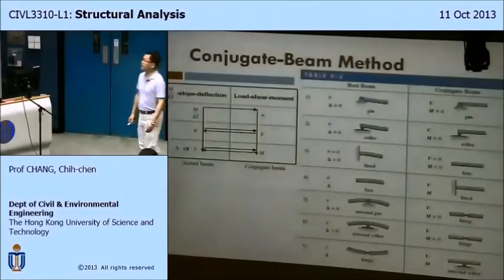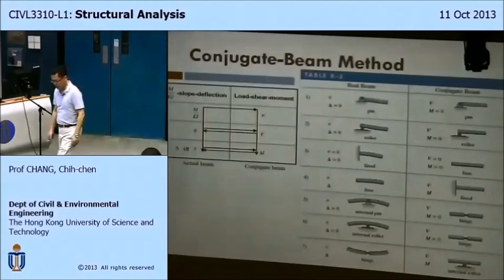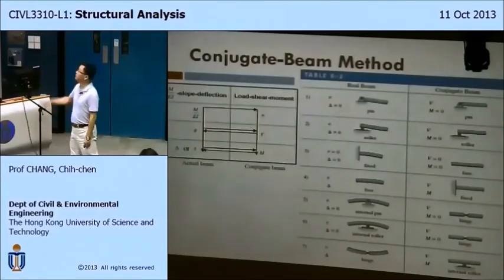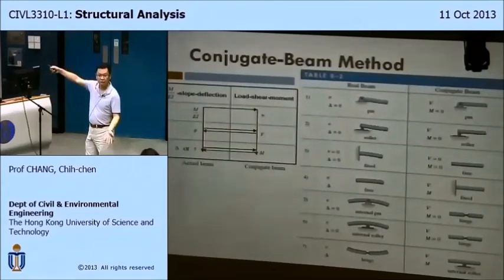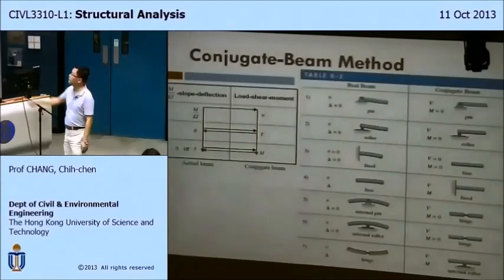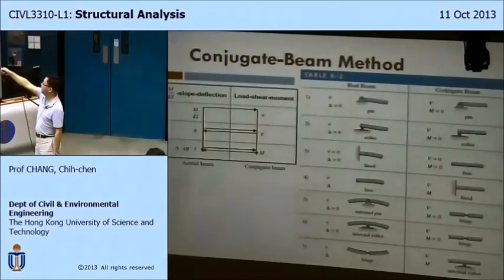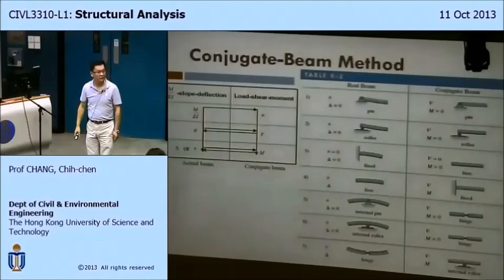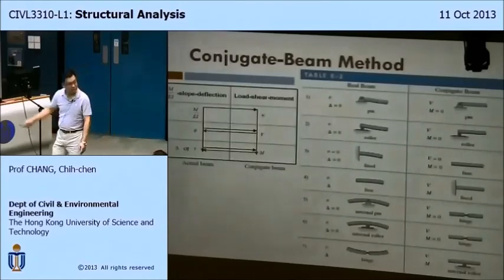All right, so look at the relationship between the real beams and the conjugate beams. You need to know how to convert the real beam to a conjugate beam. So look at the boundary conditions and conditions on the real beam and convert them to the conjugate beam.